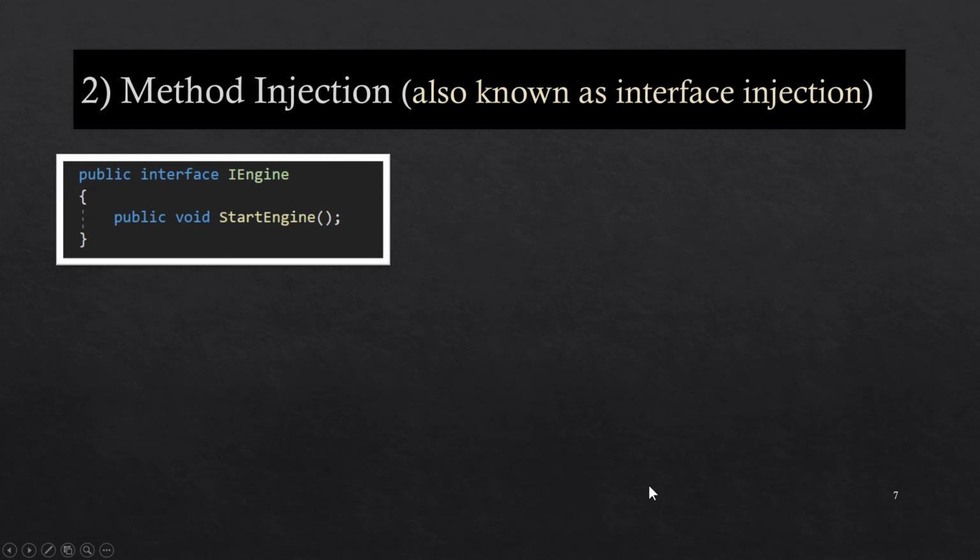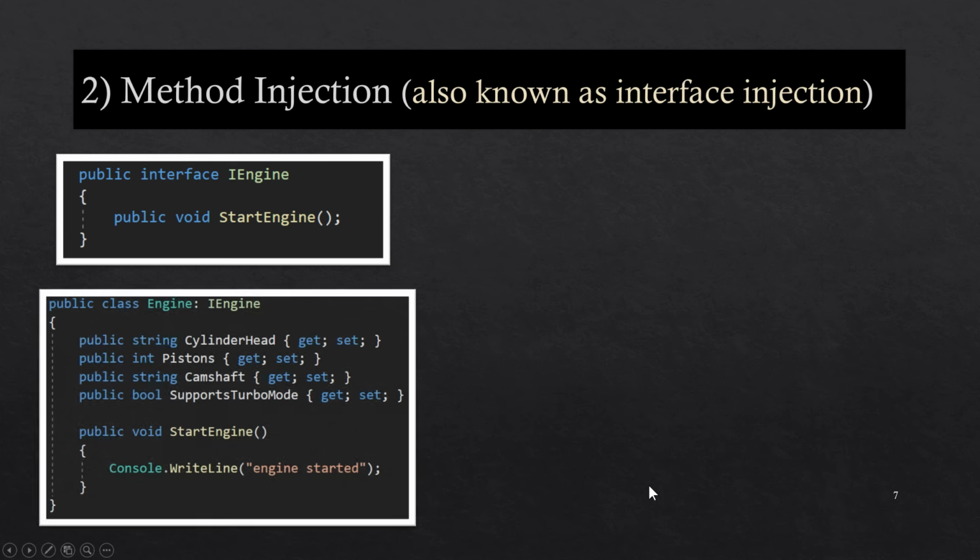So we have an interface. Interfaces are mock classes, so they are not real classes. An object or an instance cannot be made with an interface. So this iEngine decides that the engine class should have a start engine method.